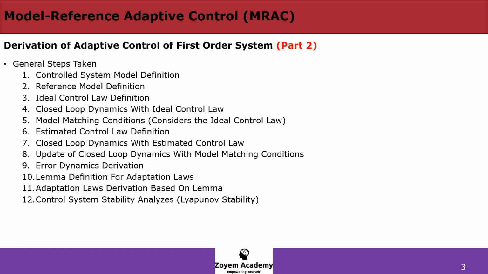And we will now use the model matching conditions that we determined earlier to update the closed loop dynamics, essentially just to refine them in order to be able to determine the error dynamics. And then we will use a lemma that allows us to formulate the error dynamics in a certain way so that we can determine the adaptation law. And lastly, we will use the Lyapunov stability theorem to determine the stability of the control system.